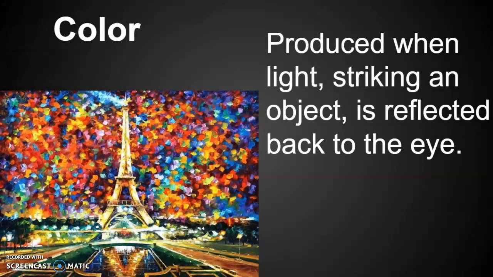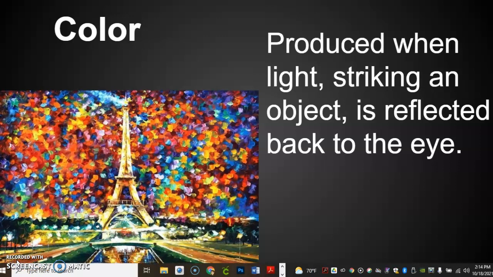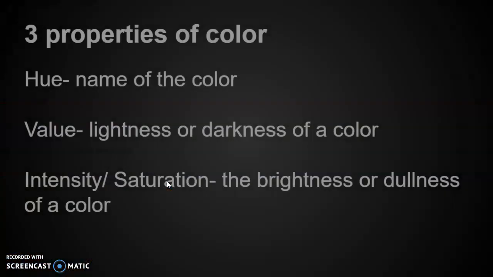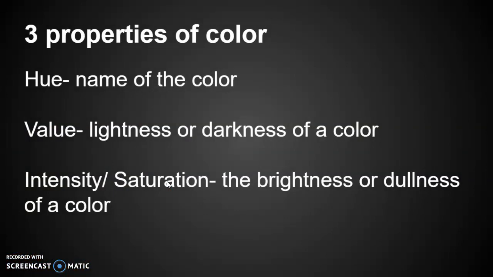Color. So there are lots of different types of color or ways that you can explain that. Okay, so we'll look at some different elements of color or different things to think about. You have different properties that go along with color.